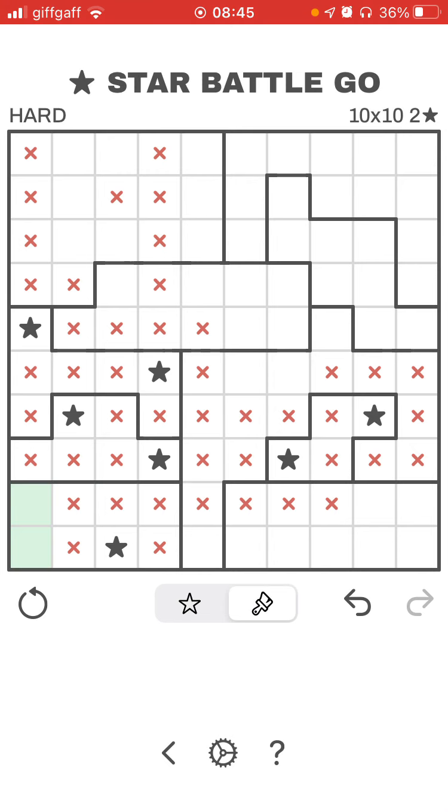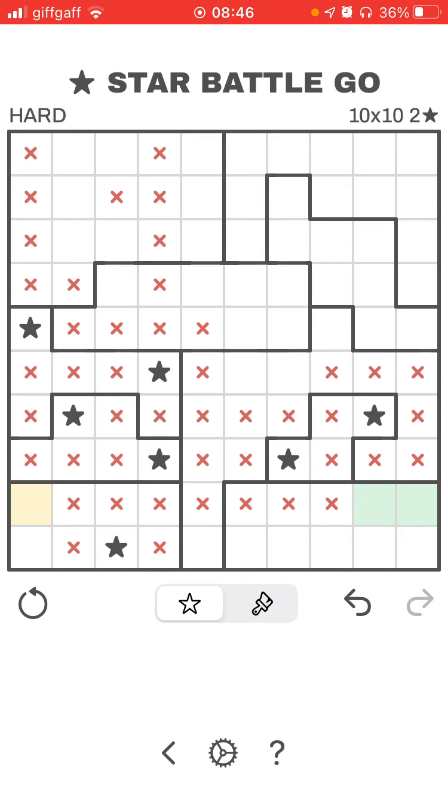Okay, if we look at the penultimate row, we know we've got this 2x1 region on the right, and then a single space to the left here.